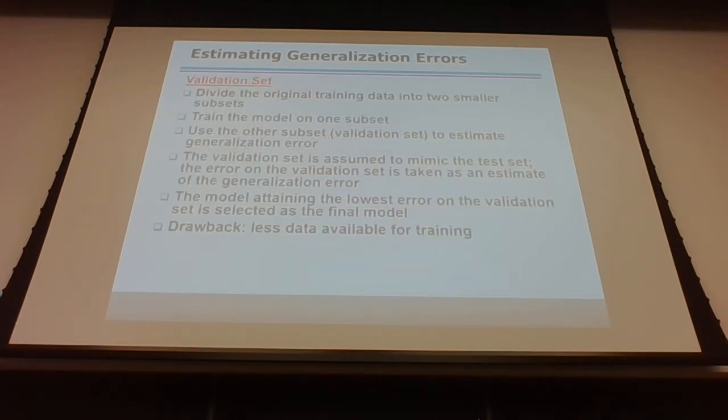So that is what this slide is saying. Now the drawback is that you have less data to train, and you have to be very careful in selecting the validation set. What if you had a 3-class classification problem, and in your training set you selected only class 1 and class 2 and made the entire class 3 the validation set?